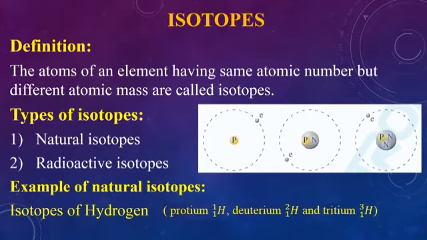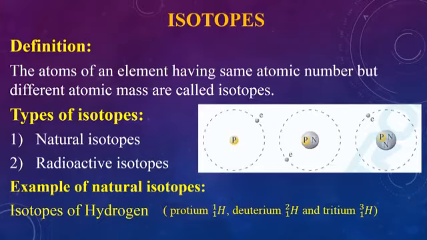In this way, if we talk about nitrogen, nitrogen has three isotopes, that is nitrogen 714, nitrogen 715, and nitrogen 716. All of these have the same number of protons in their nucleus, that is 7, and different numbers of neutrons. The first one, 714, has 7 neutrons, the second isotope has 8 neutrons, and then 9 neutrons.